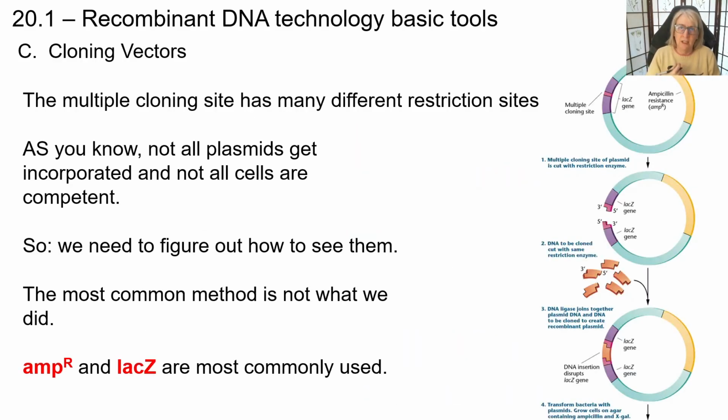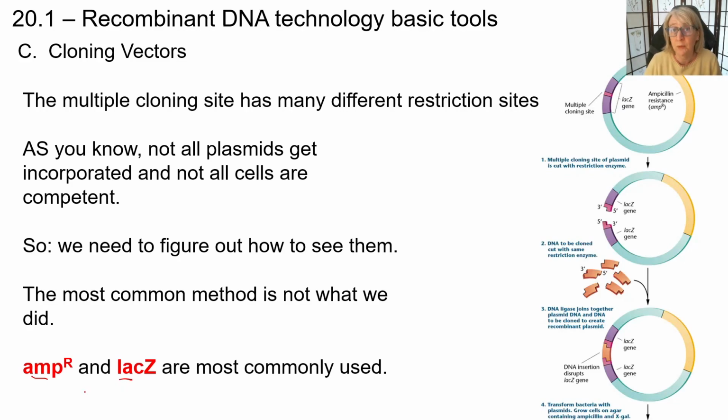In reality, not in demonstration labs, the most commonly used genes for this are not going to be a glow-in-the-dark gene, but I'm going to use the same ampicillin resistance gene and LAC-Z.